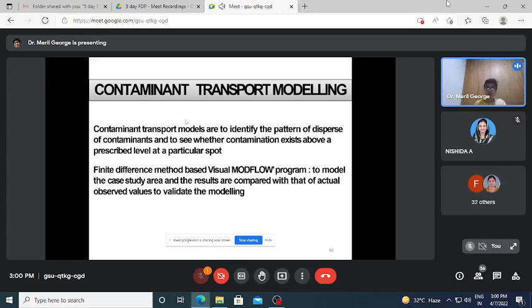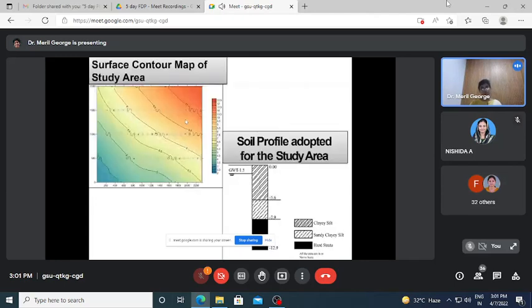The area which was modeled here is the same area where I conducted the initial study. The data which I received from that study was used for this particular purpose. And the results obtained were compared with the actual observed values to validate the test result.